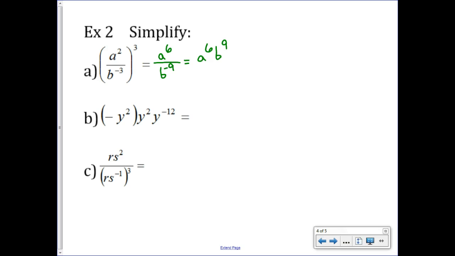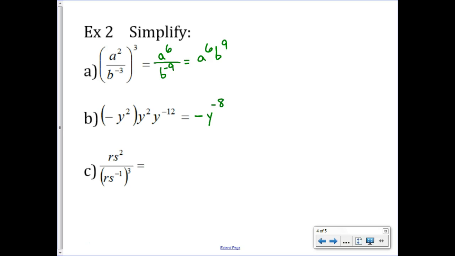And then we have negative y squared times y to the negative 12. So I'm going to just leave that negative out front, but I have 2, 2, and negative 12. And since they're multiplying, I'm adding those exponents. So 2 plus 2 gives me 4, plus negative 12 is a negative 8.